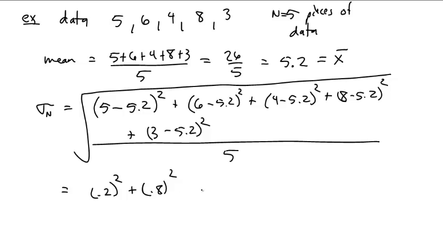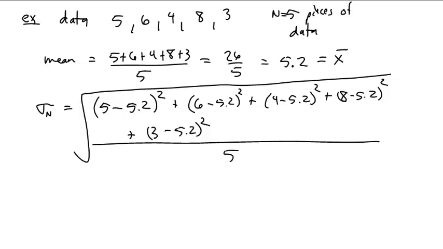It doesn't matter because when you square things, they all become positive. Plus another 0.8 squared. Yeah, that one's 0.8 up and that one's 0.8 down. Plus 2.8 squared plus 2.2 squared. How can some of them be 0.2 and some be 0.8? No, that is 2.8 away.